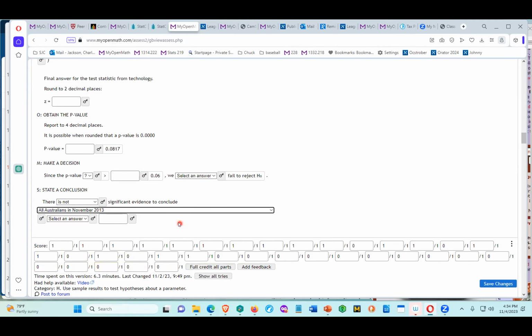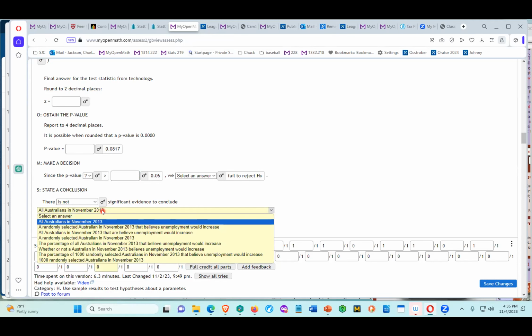There is not enough evidence to conclude that all Australians, well, it's not all Australians. There's that 0.47 of all Australians who think that unemployment is going to increase.